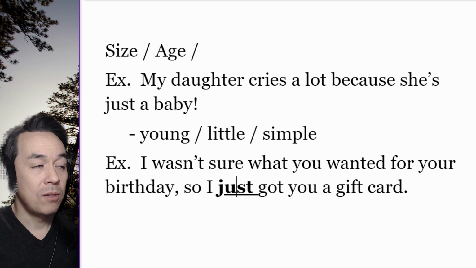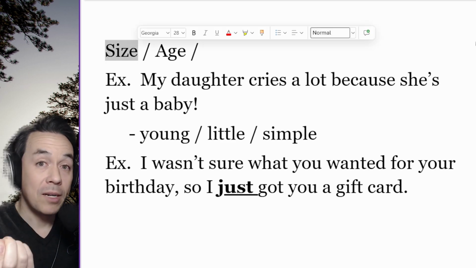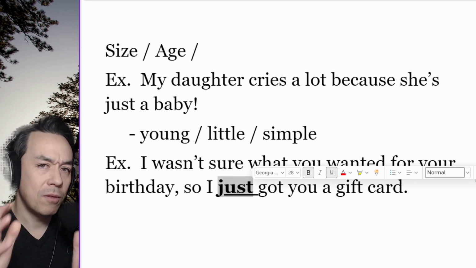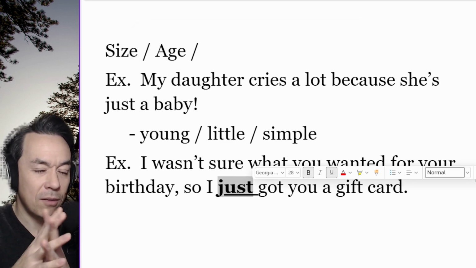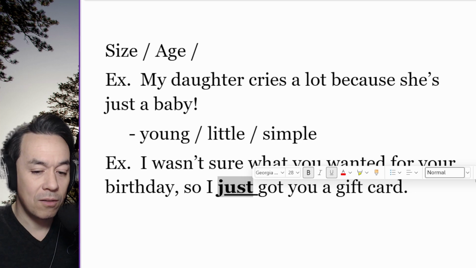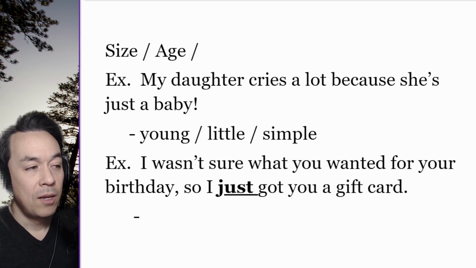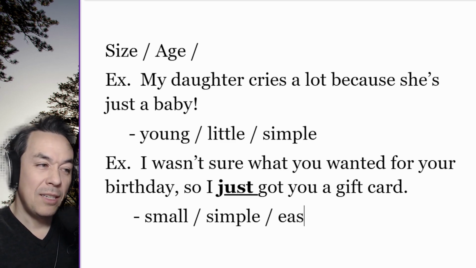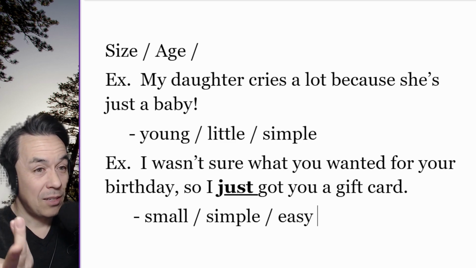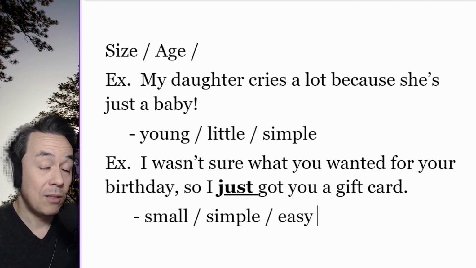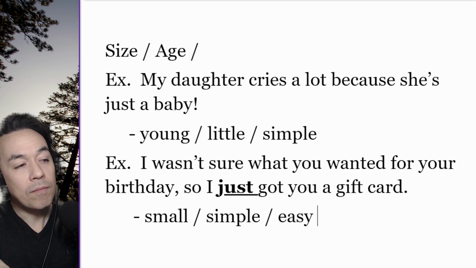You could say it's simple, it's small, it's money. So that's simple. I think it's a few things put together. It's just a card. I would say that too. What are we saying? It's small. It's simple. It's easy. I just got you a card. So again, yes, it's easy to buy a gift card.